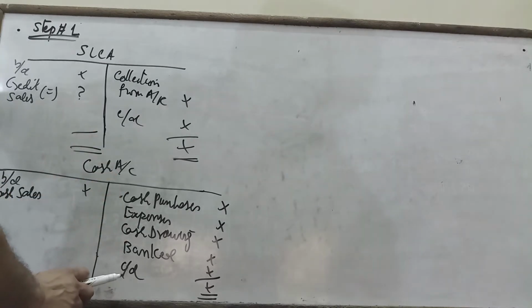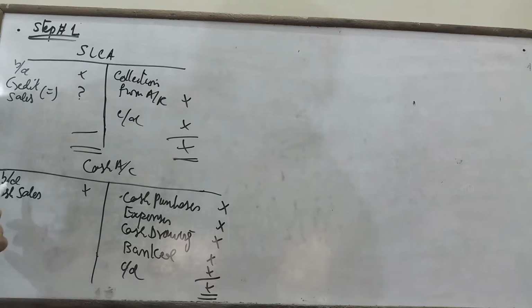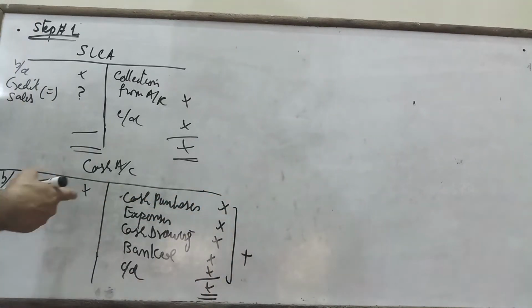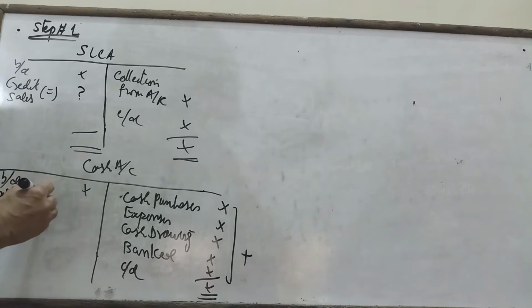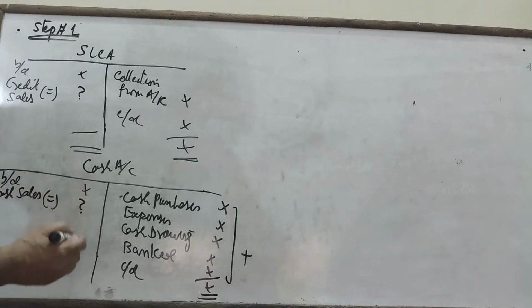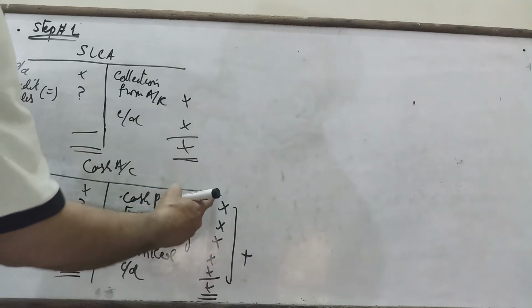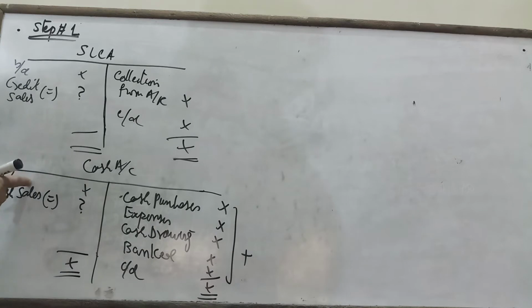And if there is any closing balance CD and opening balance BD, we add all this and minus the opening balance. This will give you the cash sales.